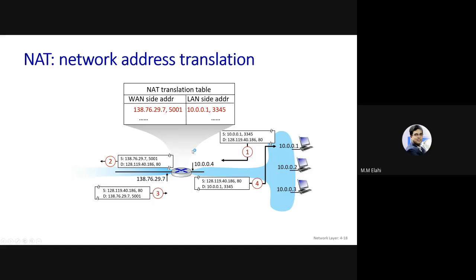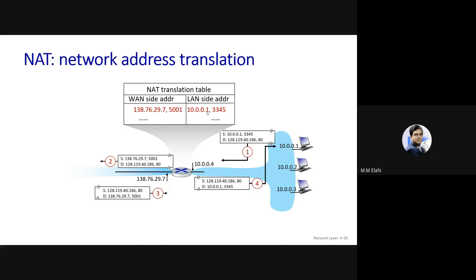Now what will happen? There will be another entry in the table, right? 10.0.0.2, and for the sake of the example, it could be different, but assume the same port number is used by host 2. It can happen. Two hosts can use the same port number, right? Yes, but sir, two applications in the same host cannot use the same port number.